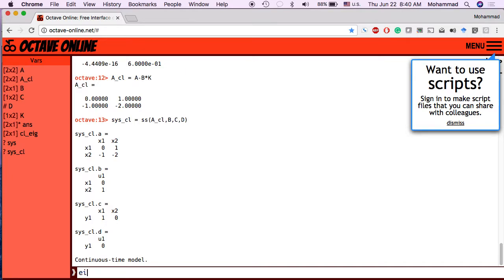And to make sure we have achieved what we wanted to achieve, we can look at the eigenvalues of A closed loop. Where should they be if we have calculated K values correctly? They should be located at?